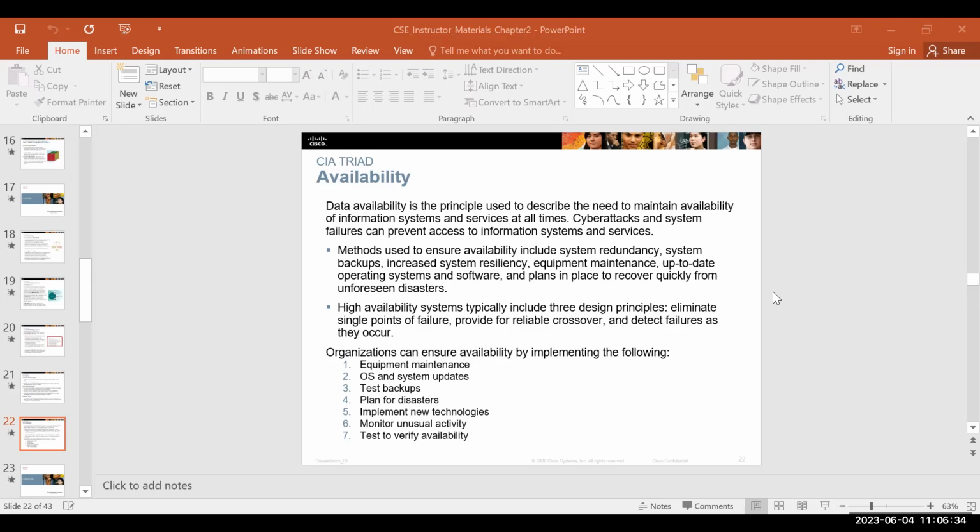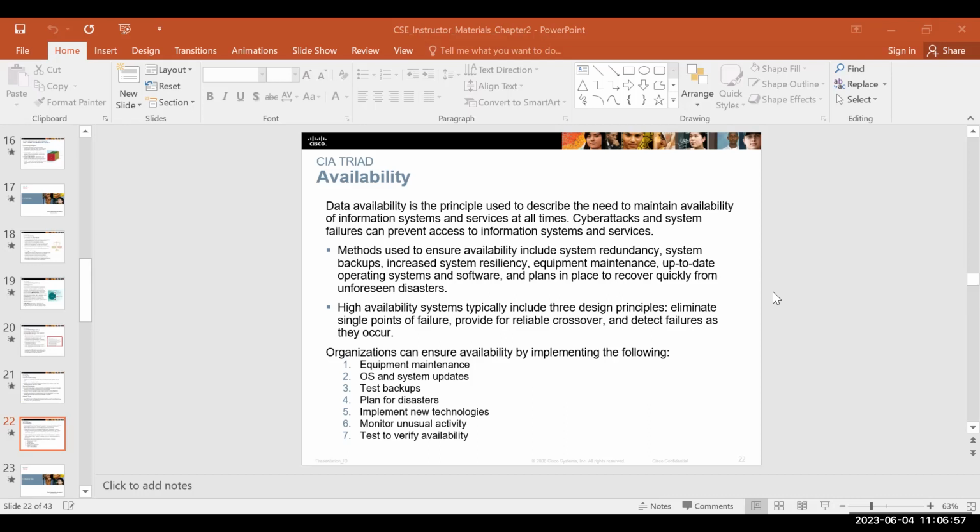High availability systems typically include 3 design principles. When we say high availability, we are referring to critical infrastructure and systems that need to be available almost 24/7. So what are these design principles?